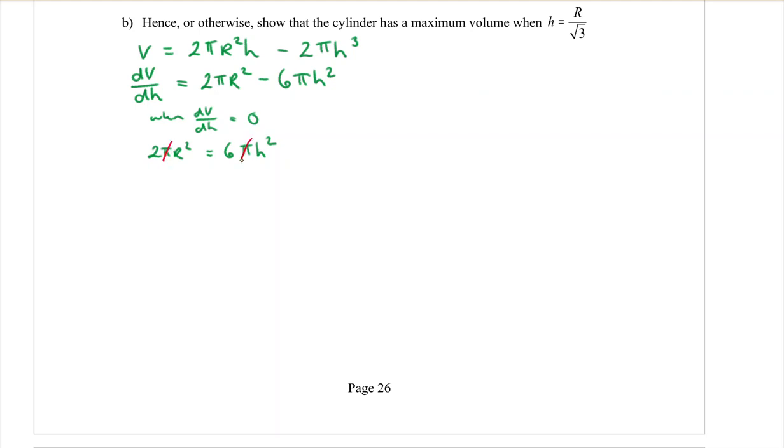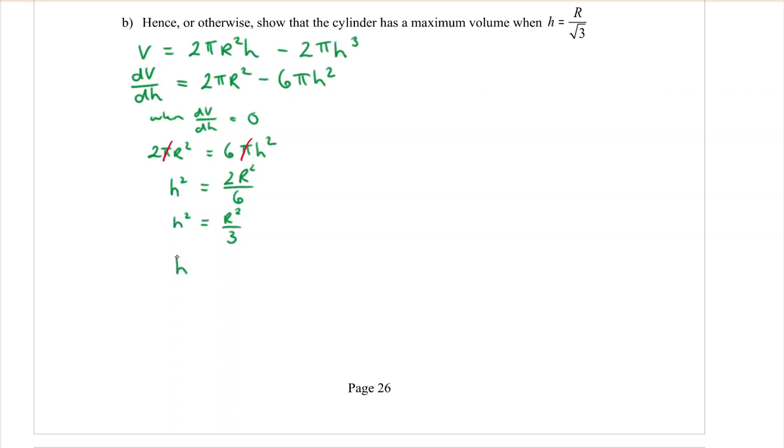That would get rid of that straight away. And I'm going to keep my h squared, and I would have 2r squared over 6. Now the 2 over 6 also simplifies to be just r squared over 3, cancelling 2 out of top and bottom.